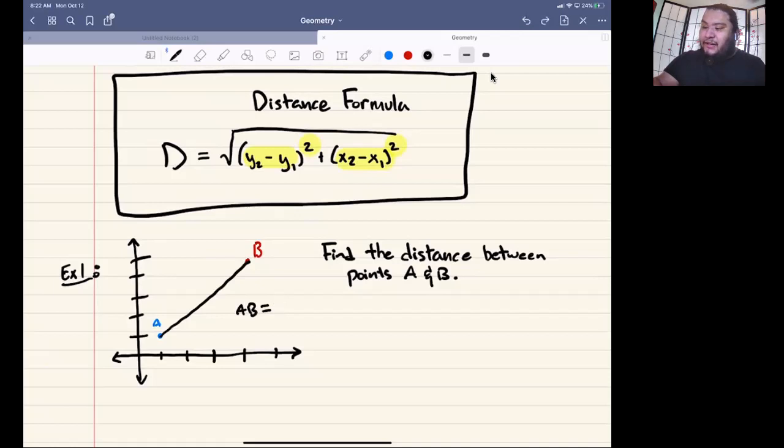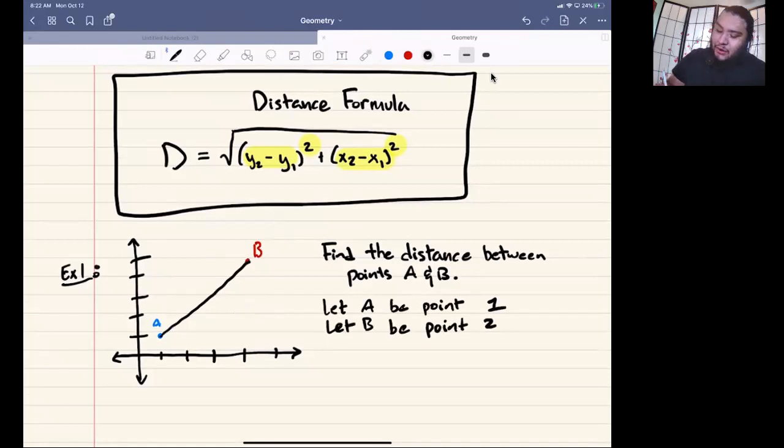So to get that, you're going to let A be point one, and then let B be point number two. So this is number one, this is number two. Let's look at the ordered pair of this.